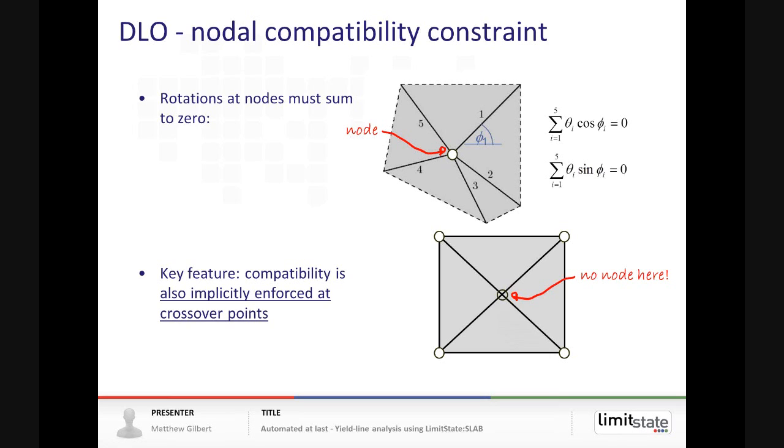But what we find is, according to the formulation, compatibility is actually implicitly enforced at all the crossover points. So the outcomes that we get are compatible at all locations.